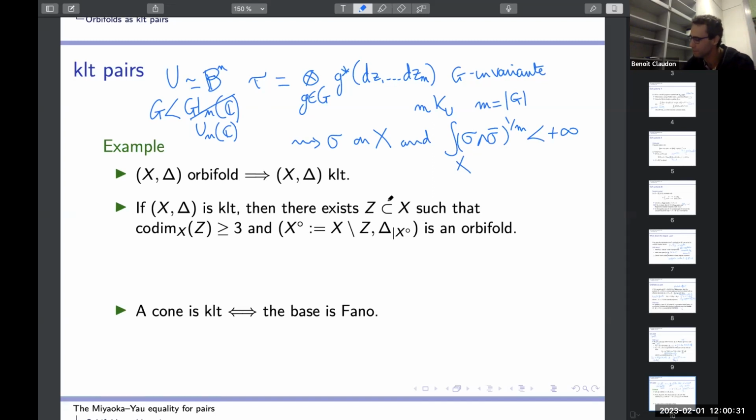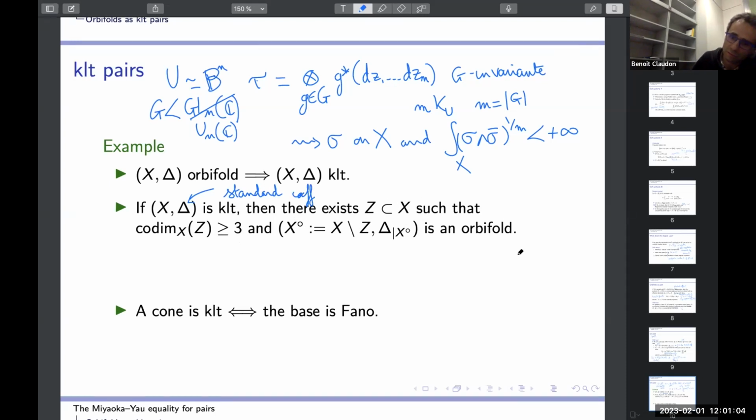And in fact, this is the case if delta has standard coefficients, otherwise the whole sentence does not make sense. So if you start with a KLT pair with standard coefficients, then in codimension 2, if you remove something of codimension 3, then the complement is an orbifold.